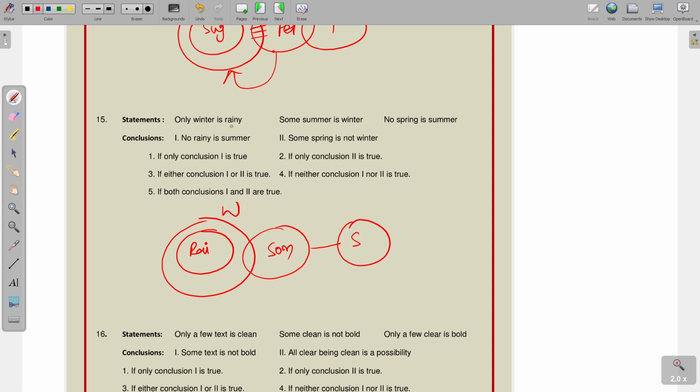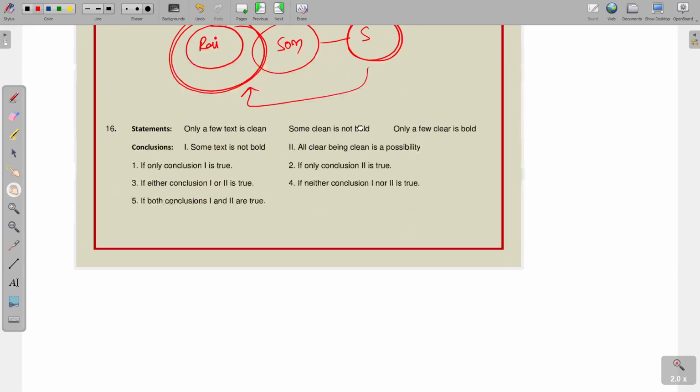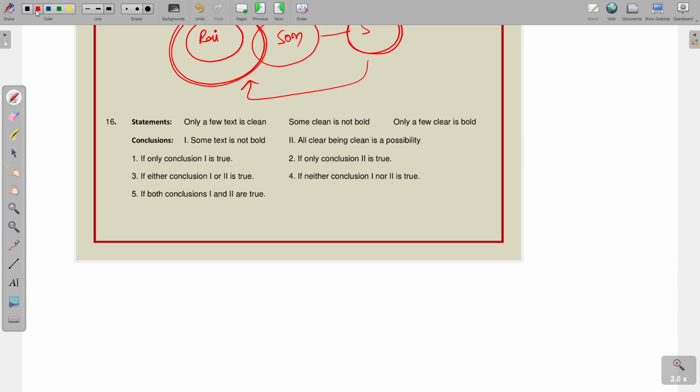Why? Because rainy is only related with winter. First one definitely follows. And next, some spring is not winter. So spring here and winter here, there is no definite relation between spring and winter. So second one does not follow. Only conclusion one follows. Next, question number 16.